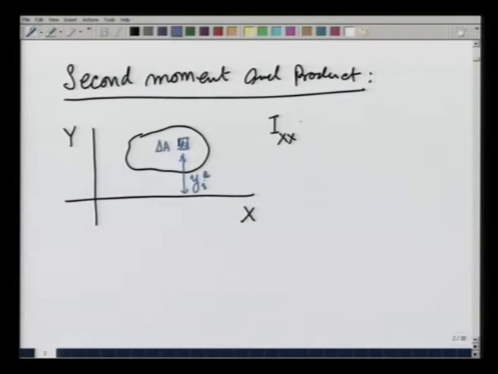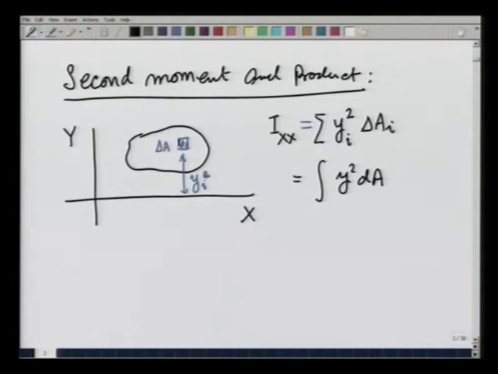So, I x x is defined as, take area delta A, multiply by its perpendicular distance from the x axis squared and add it up. This is the second moment of this area with respect to the x axis, and this obviously goes to the integration y square dA.